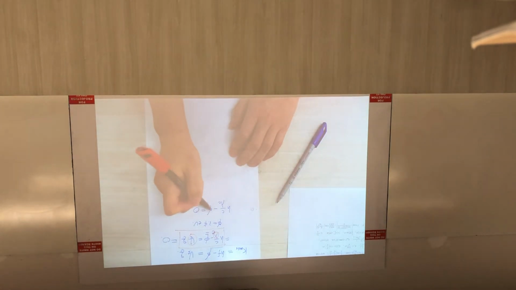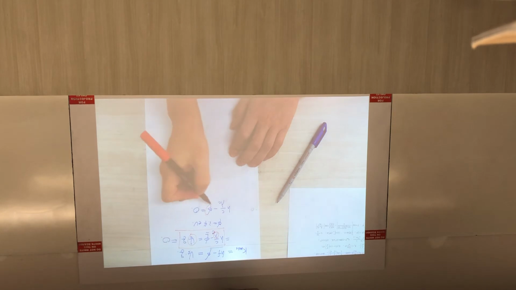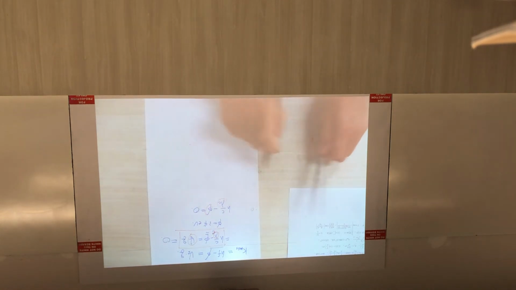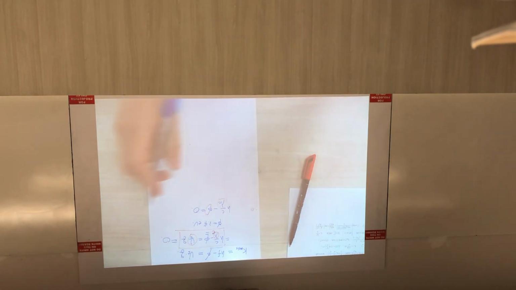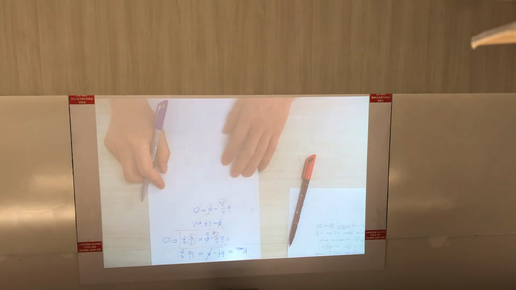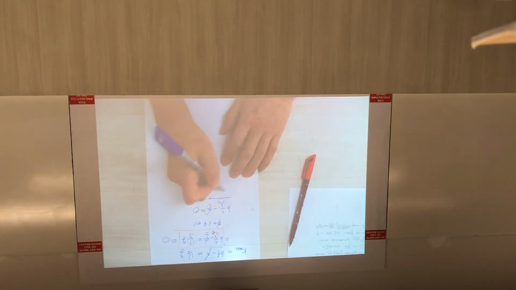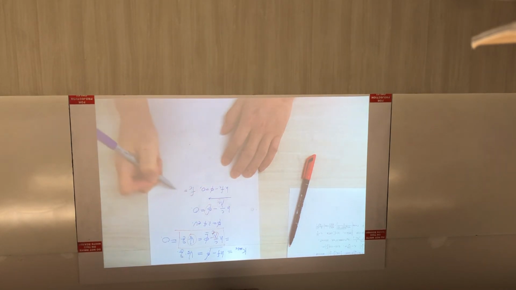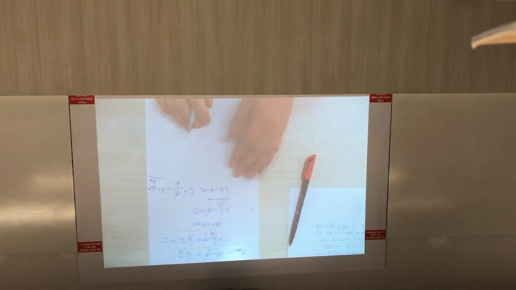Sorry, here we want to find the cutoff frequency, so this is converted as h f c minus phi equals 0. So your cutoff frequency is going to be phi over h, which is 8.2 times 10 to the 14.